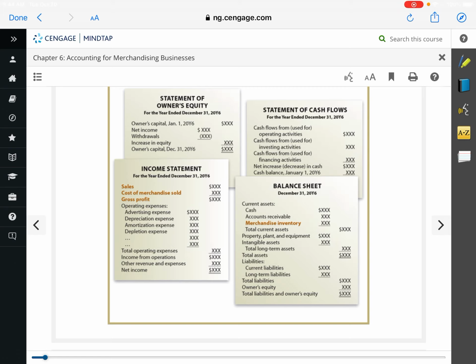So when you look at a merchandising business, the way that they account for their business is different than a service business, which makes sense. They sell different products. They account for their items different. Still have the same rules, but the products that they sell, the processes that they go through, things like that, those are going to be different. So let's look at the different accounts that we see. And we're going to get into these as we get into the chapter.